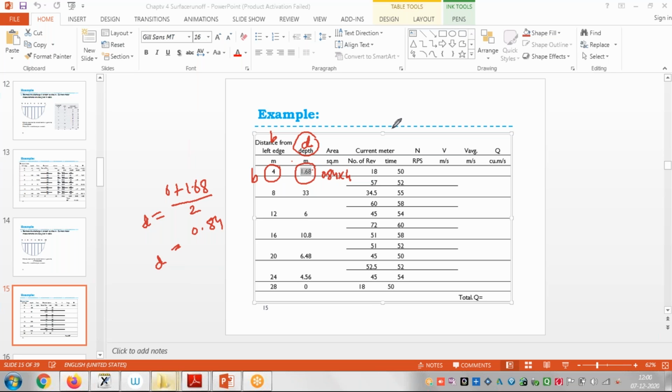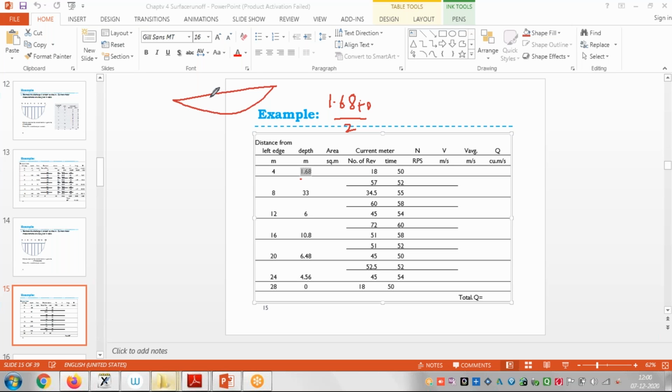No, no. Salim, just check your calculation. See what we are doing. This is 1.68, so 1.68 plus 0 divided by 2. Because if the river is like this and this depth is taken as 1.68 and this is taken as 0, when we take the average we will get the average depth.